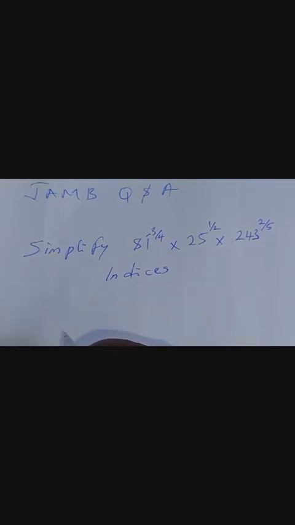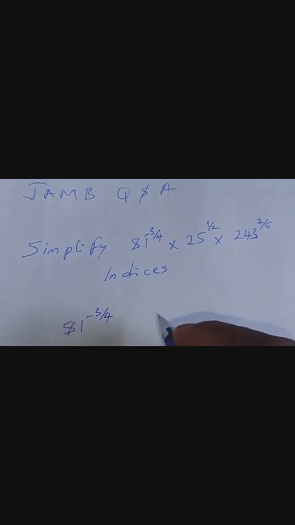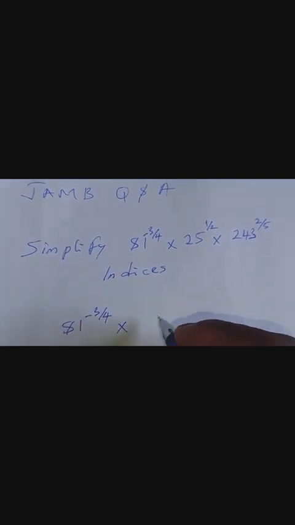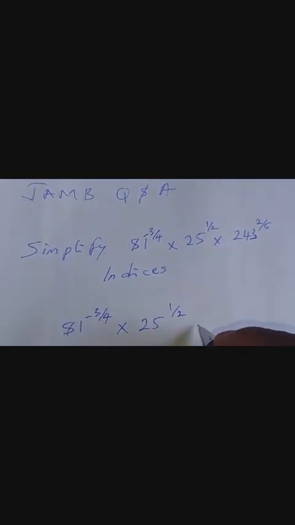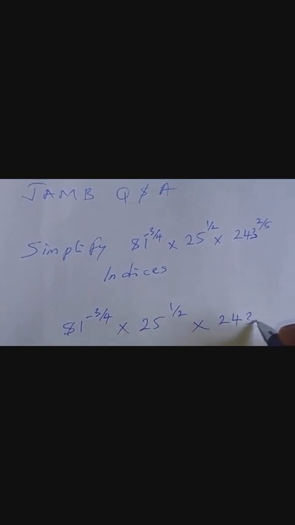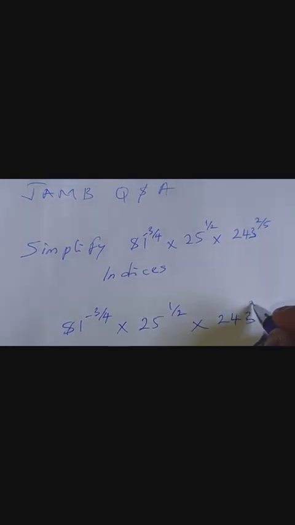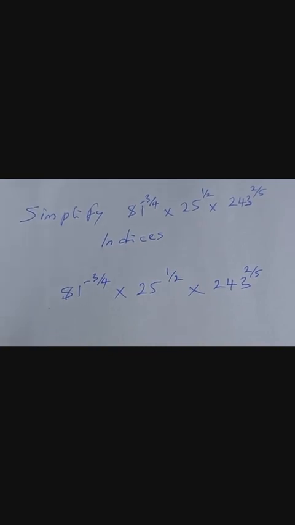So let's take it again. It says 81 raised to power minus 3 over 4 times 25 raised to power 1 over 2 times 243 raised to power 2 over 5. All right, so that is just it.